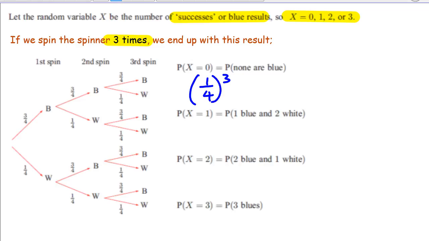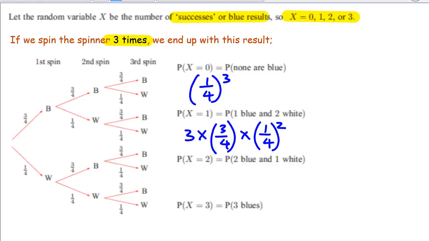The probability that we have one blue result, that means x is equal to 1, will be 3 multiplied by 3 over 4 multiplied by a quarter squared.